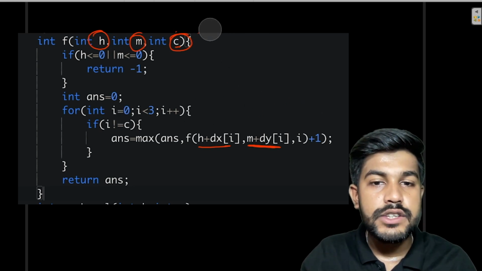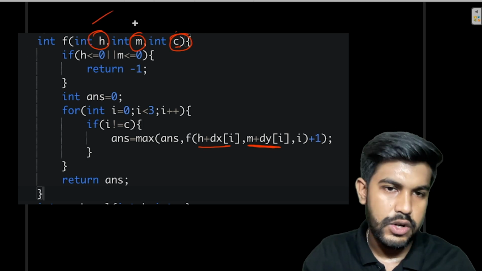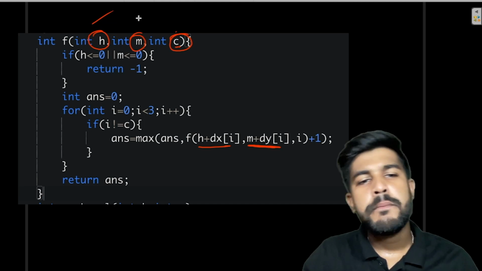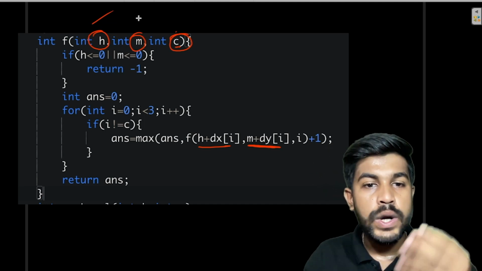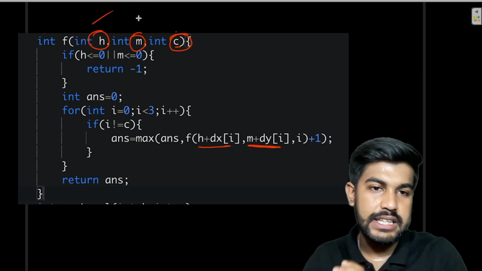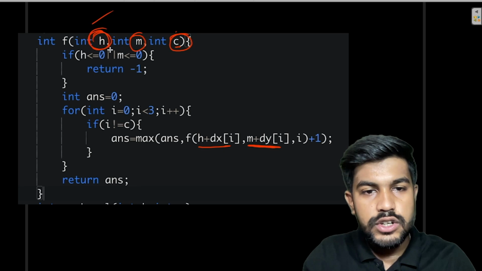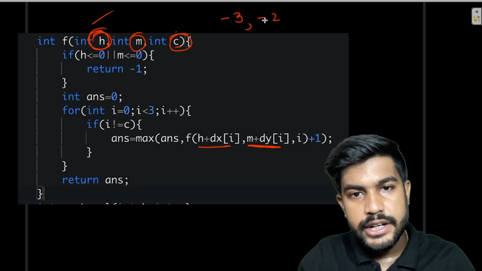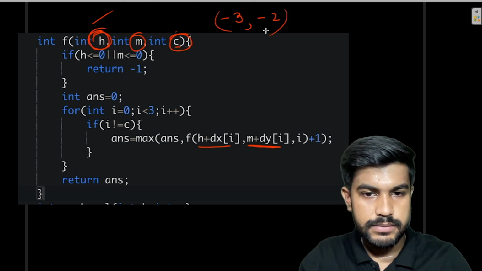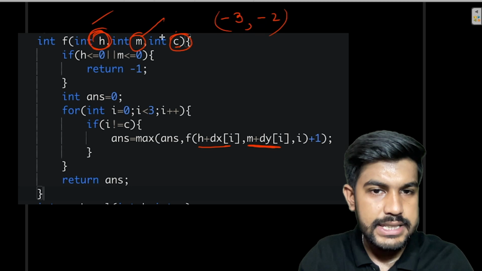So that means we need a 3D data structure to store this, or a pair or something. Now what we need to do is to memoize this. We need to know what is the range of h, m and c. So what can be the values? Basically for h, we are going +3 or -5, these all things. For m also, we are doing the same thing.